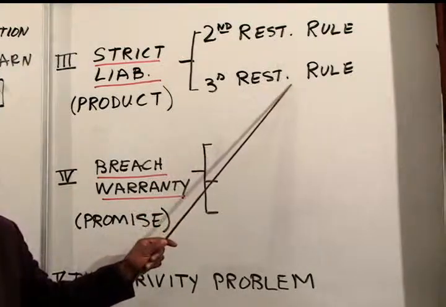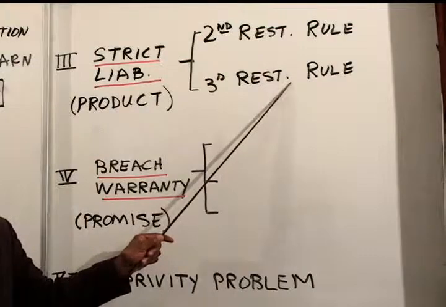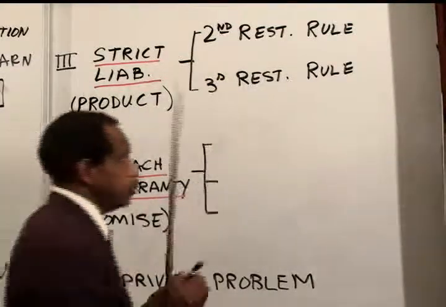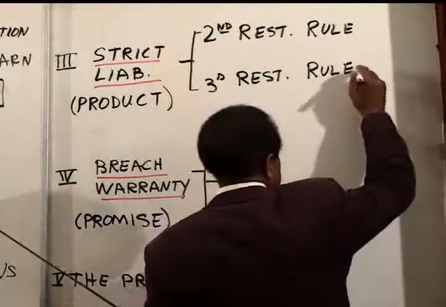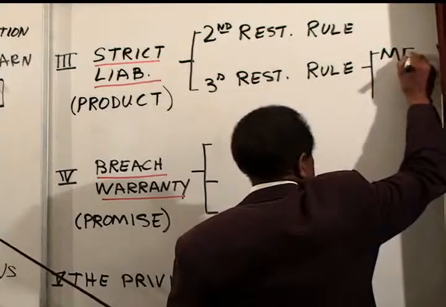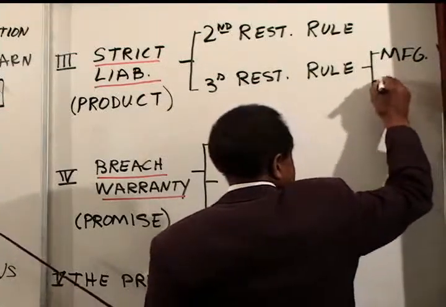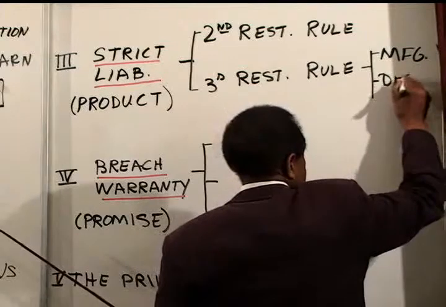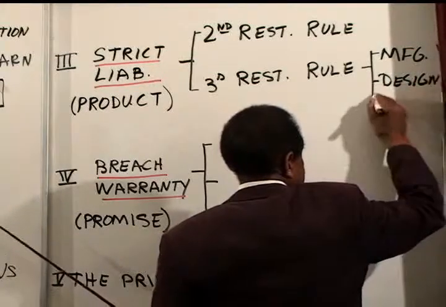The Third Restatement breaks this down into three kinds of defects. You'll see this when we do this in detail. There are manufacturing defects, design defects, and failure to warn.